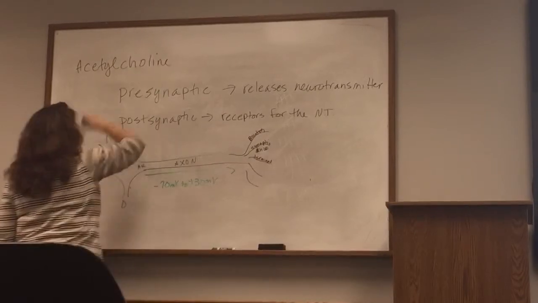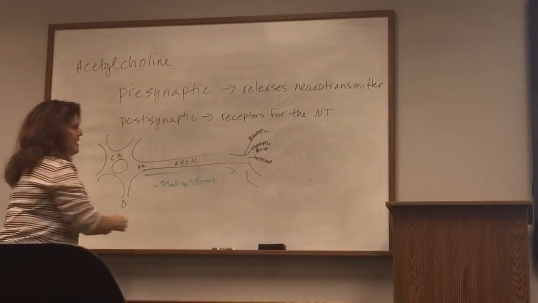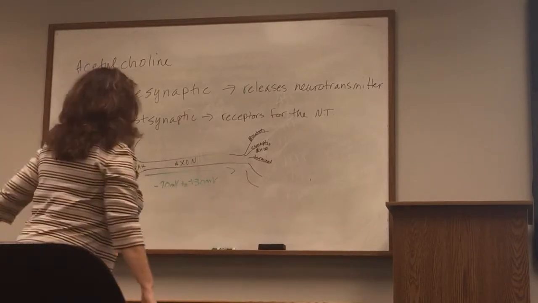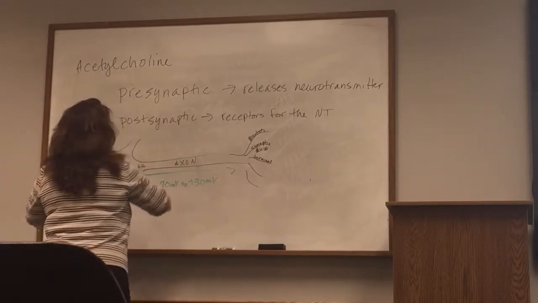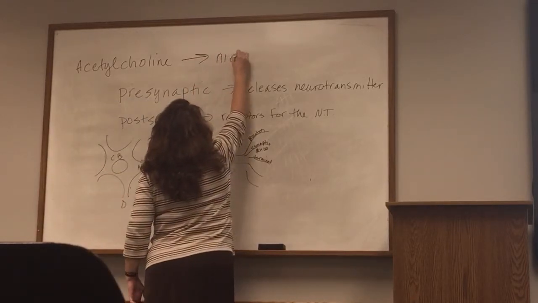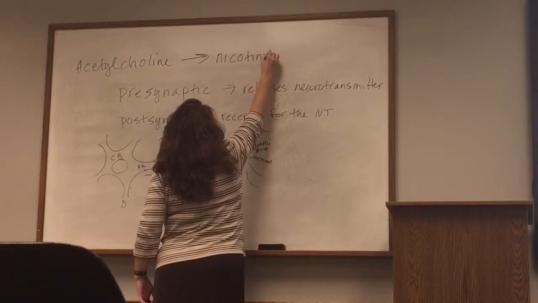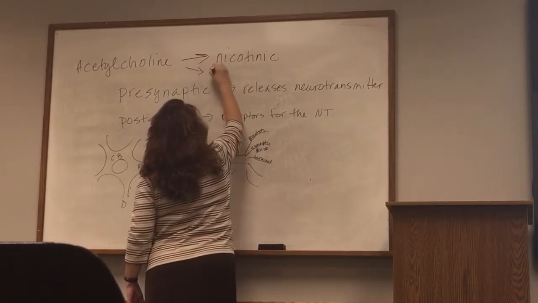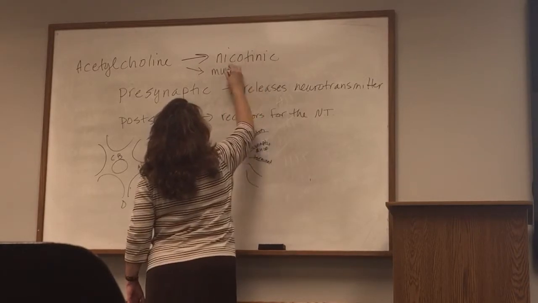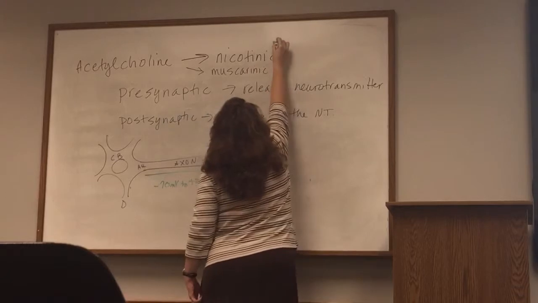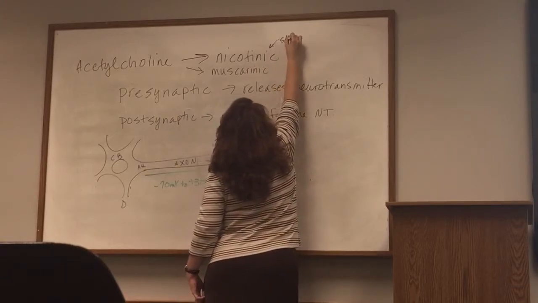It makes acetylcholine dump into the synaptic cleft, and it binds to a nicotinic receptor. Acetylcholine has two different kinds of receptors, nicotinic and muscarinic. But nicotinic is in skeletal muscle.